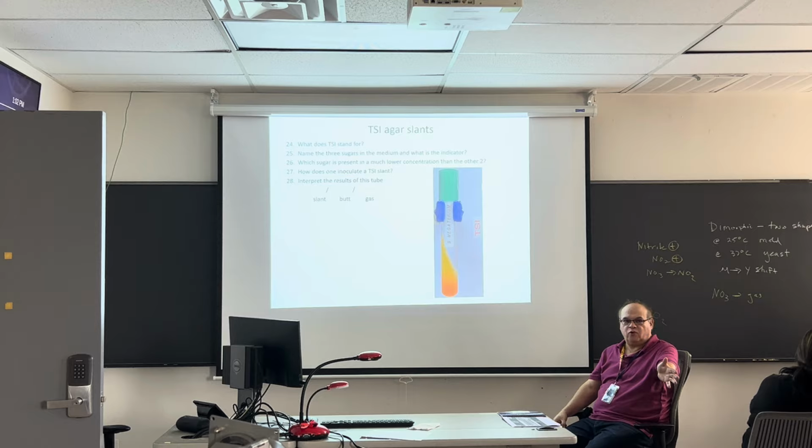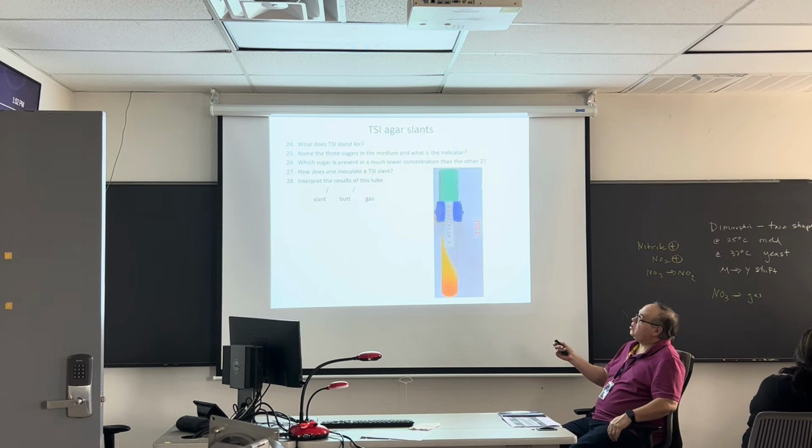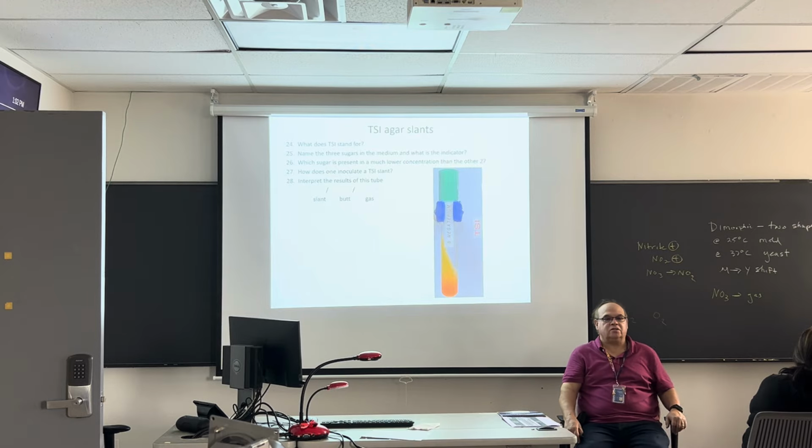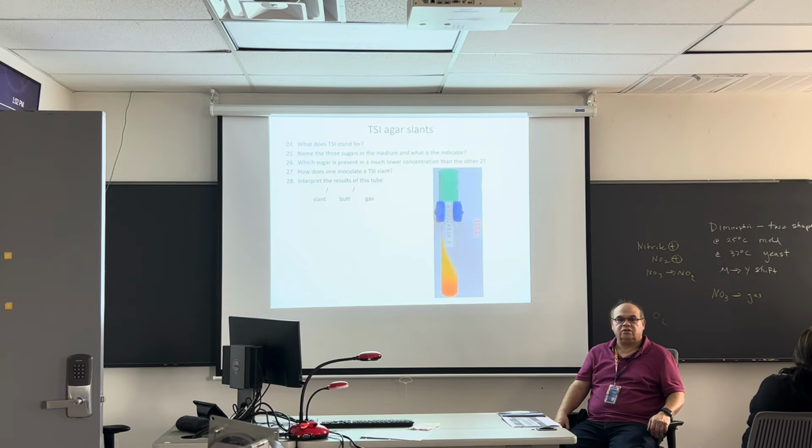The big word for iron is ferrous ammonium sulfate, or you can just simply say iron. I'm okay with that. Name the 3 sugars that are in the medium. Glucose, lactose, and sucrose. Which one of them is there at a lesser concentration? Glucose. It's there at 10%, where the others are there at 1%.